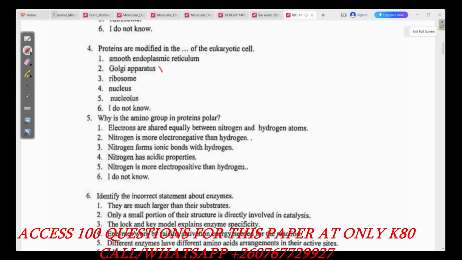This is an organelle which is responsible for protein modification. Ribosomes are just there for protein synthesis. Nucleus, and nucleolus. Nucleolus is an organelle found within the nucleus. So the organelle that is responsible for modifying proteins is the Golgi apparatus. Some books will say Golgi bodies. It's one and the same.